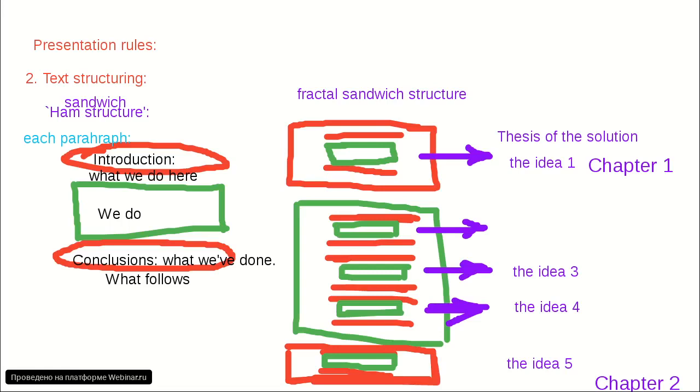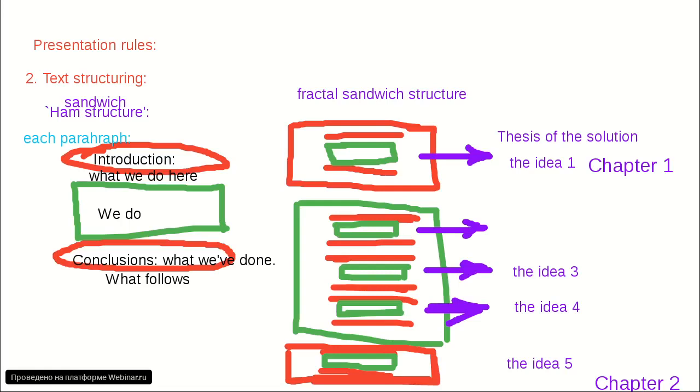When you have a sandwich, you have two slices of bread and something tasty in between, and what is in between is usually what is important in this block, right?